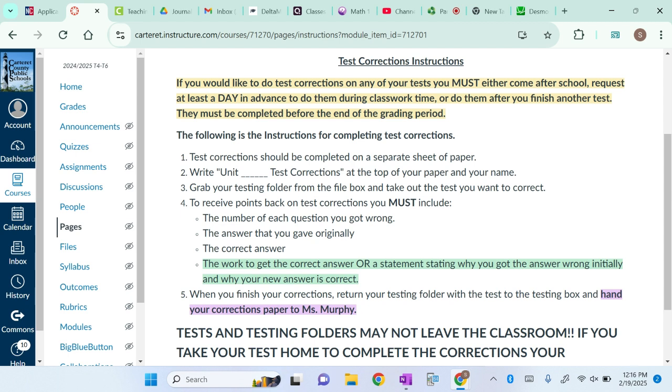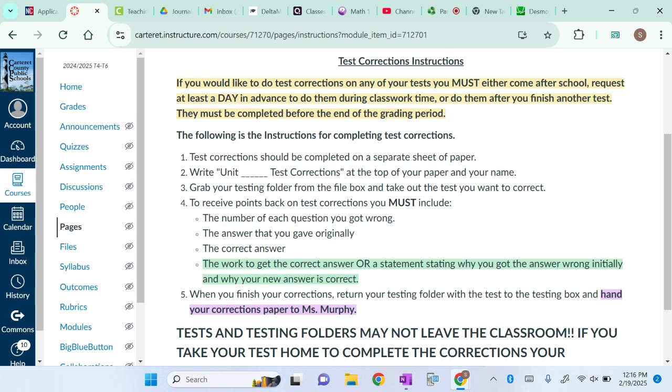Then, to get full credit, you must include the number of each question you got wrong. If you got number 1 wrong, write number 1, and then give me the answer you originally gave. I don't need you to rewrite the question, I just need the answer you originally gave. I want the correct answer, so what you corrected it to.